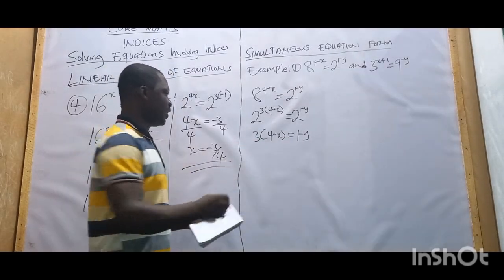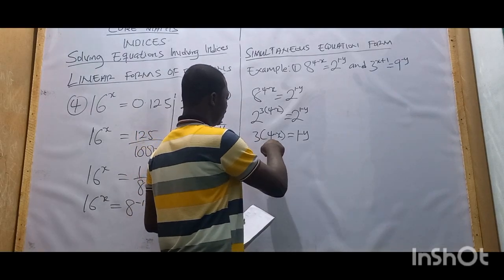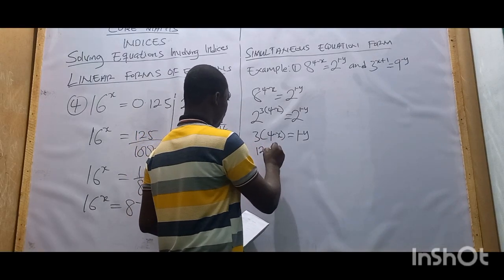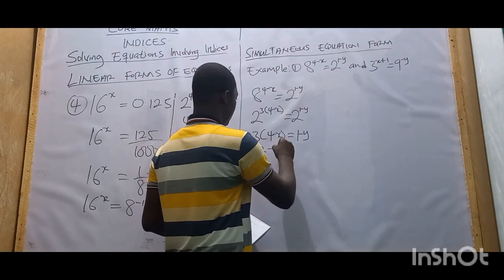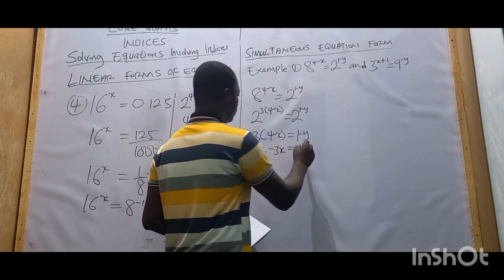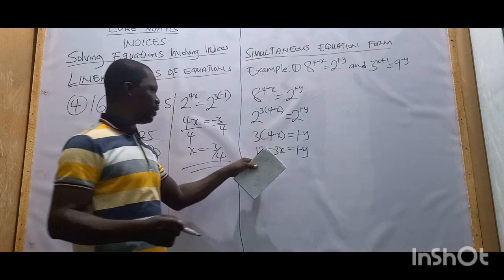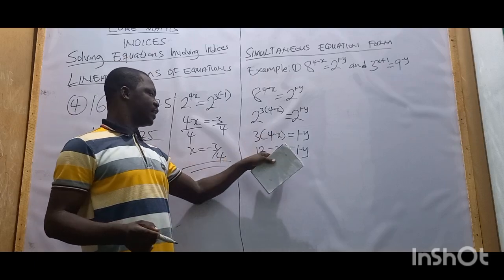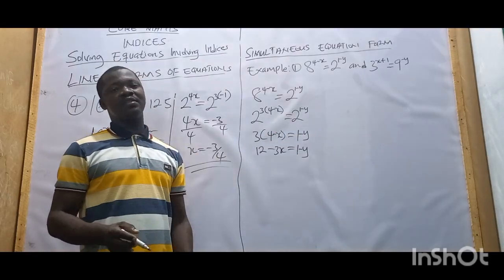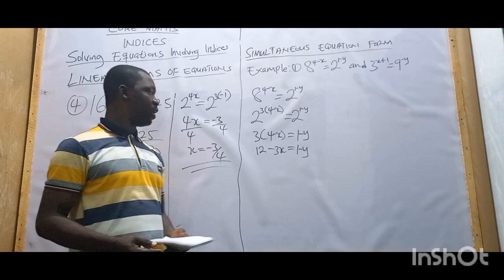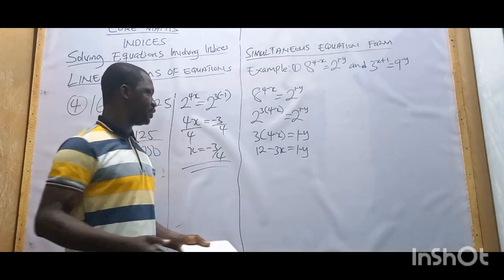So let's simplify it. This multiply this, I'll get 12 minus 3x equal to, this multiply this, I'll get 12, this multiply this, I'll get negative 3. I'll keep this as it is. So I'll group like terms, right?